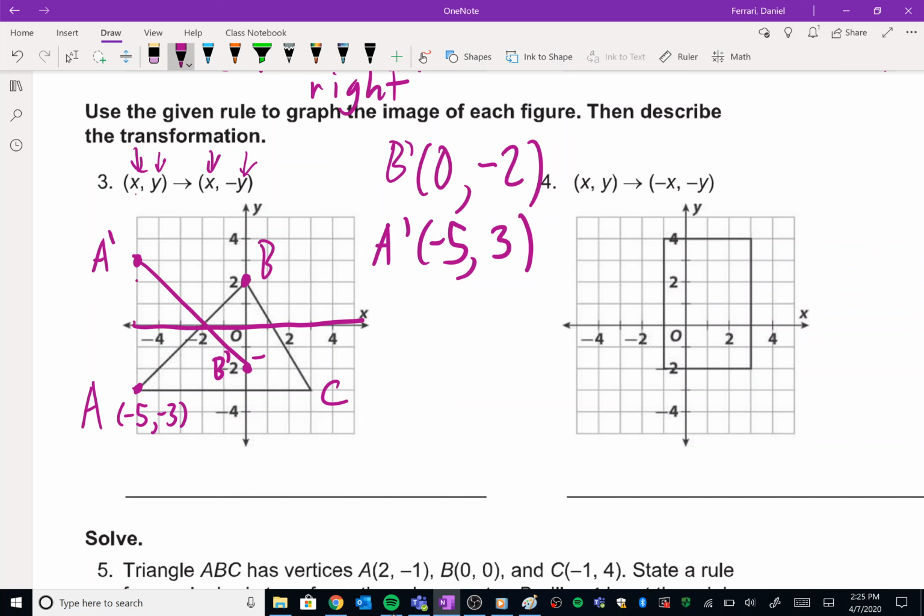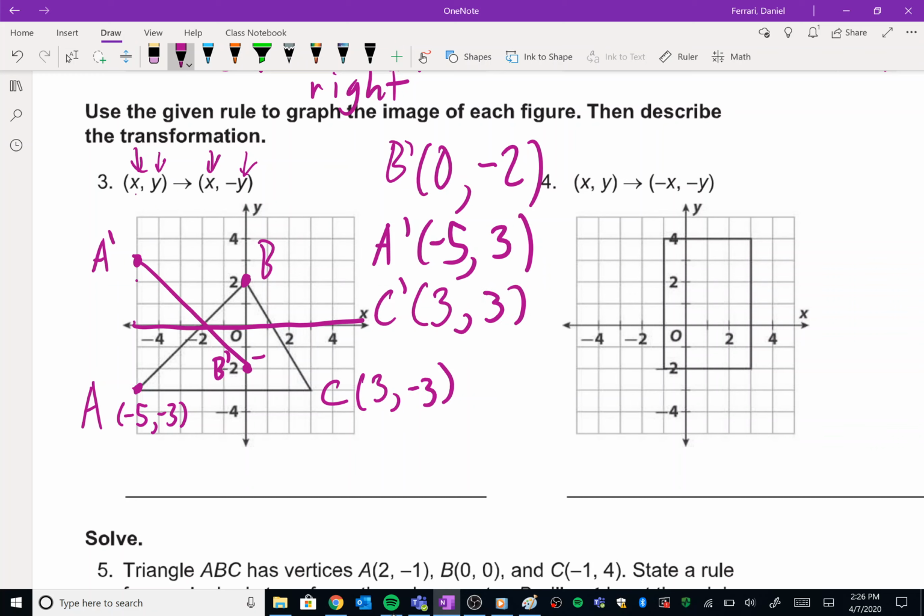Now if I wanted to, I could just do it the old-fashioned way. I could say that point C is the point 3, negative 3, and then go through and actually figure out what C prime is. Remember, the x would stay the same, and the y would be the opposite, so negative 3 would turn into positive 3.